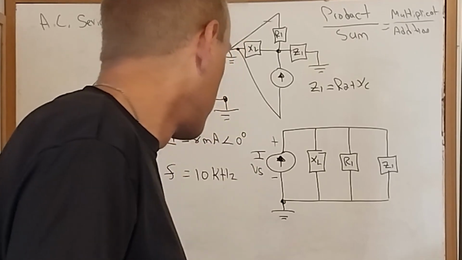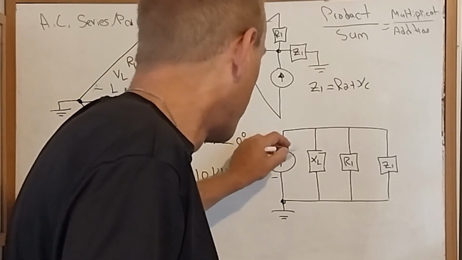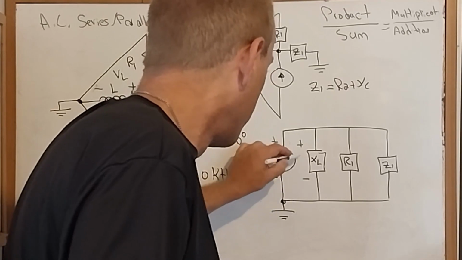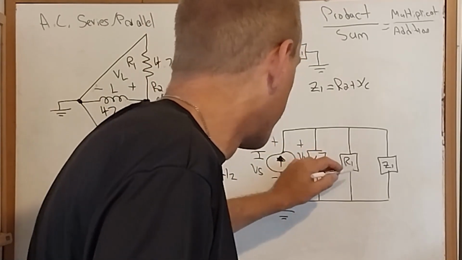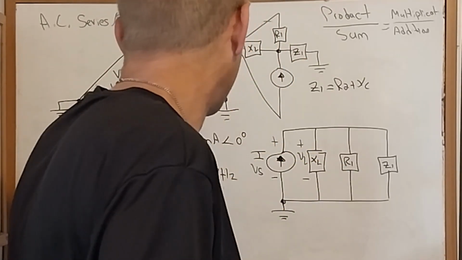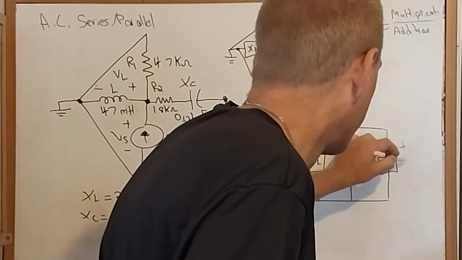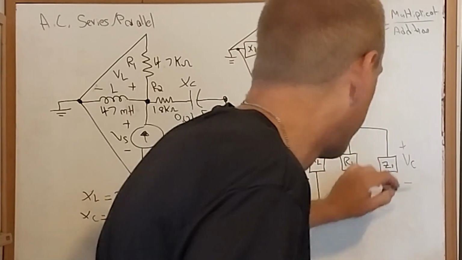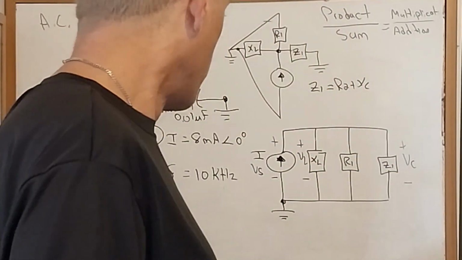We want to find the voltage across the inductive load, V sub L, and the voltage across the capacitive load, V sub C. And I'll do that on the big board.